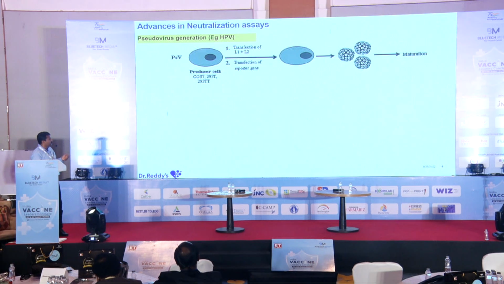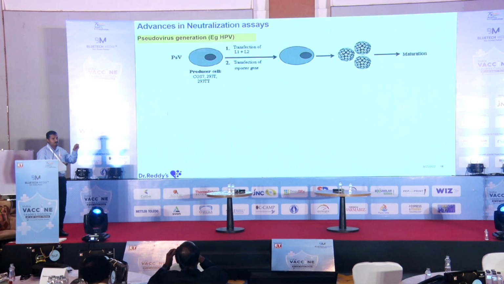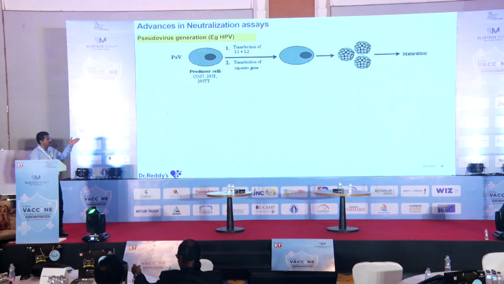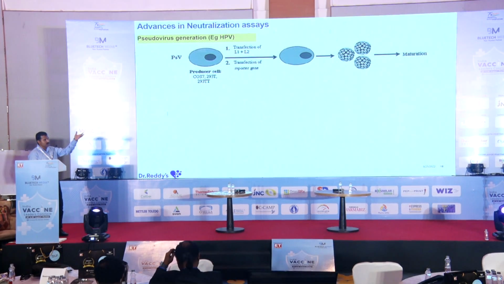So, just to explain how a pseudovirus is designed, we have the cells. Normally, the HEK 293T cells are used, and for example, I'm talking about the HPV pseudoviruses. So, we take the L1 and L2 expressing plasmids, and then we have a reporter gene, and once they are transfected into the cell line, we get matured particles which have the reporter gene trapped inside, or encapsulated inside.